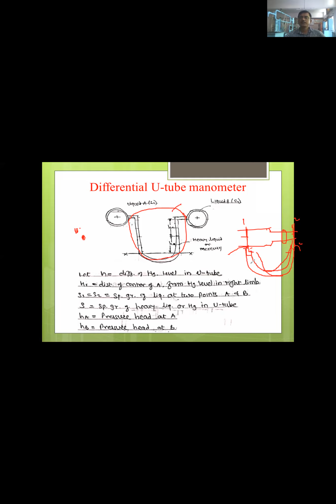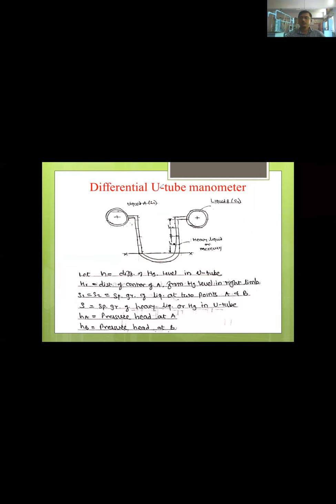Where the pressure is high, the mercury will drop below, and where the pressure is low, the mercury will rise. And we measure the difference between these two values. From that we can find out the pressure difference, P1 minus P2 or P2 minus P1. So this pressure difference we can find out. As it measures the pressure difference, it is given the name differential U-tube manometer.